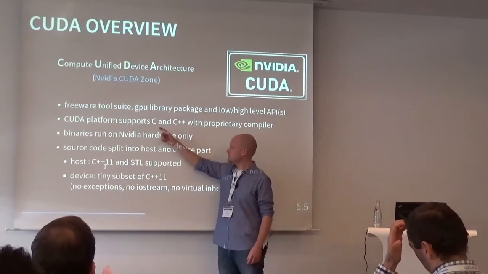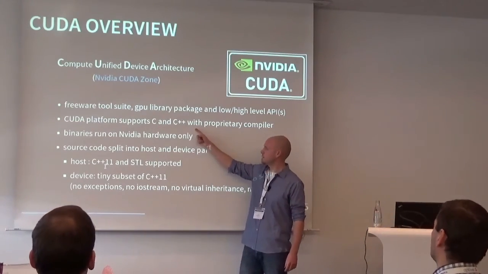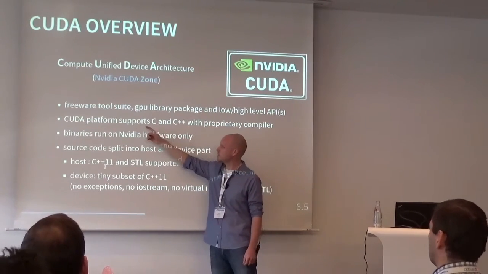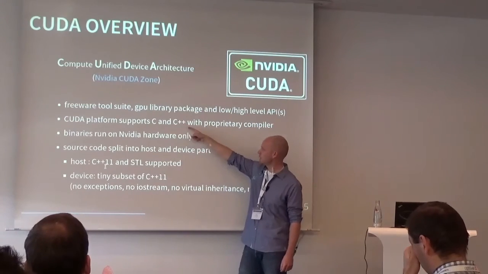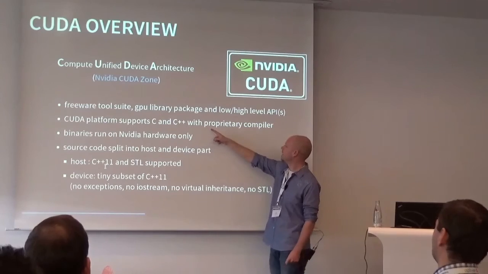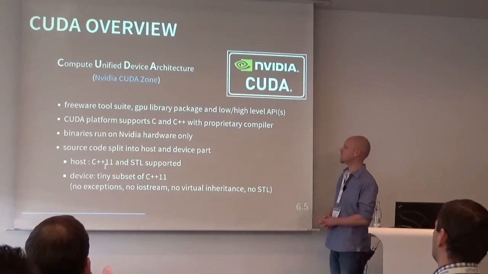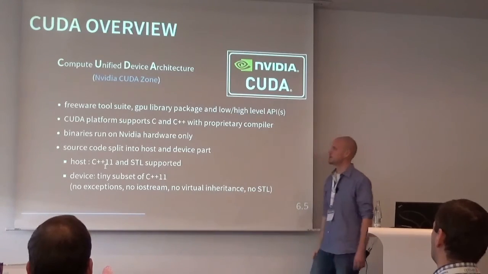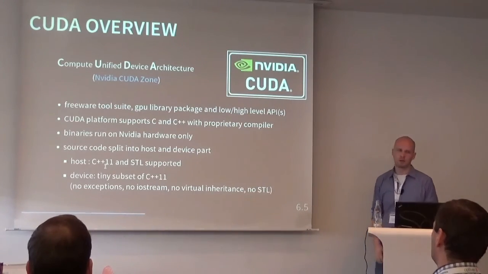This was actually the phrase that got me started in CUDA, because NVIDIA said the CUDA platform supports C and C++, and I was like, yay, my favorite language, there it is, with a proprietary compiler. And the notion is that the binaries that you compile can only run on NVIDIA hardware, okay.